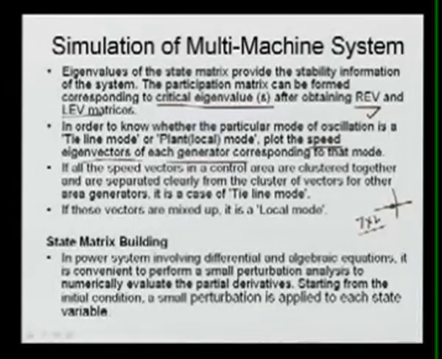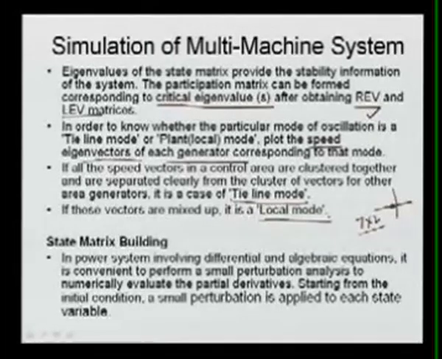If all the speed vectors in a control area are clustered together and are separated clearly from the cluster of vectors from other area generators, it is a case of tie-line mode. We will see an example of this tie-line mode. If these vectors are mixed up and we cannot say anything about that, then it will be a local mode of stability problem.